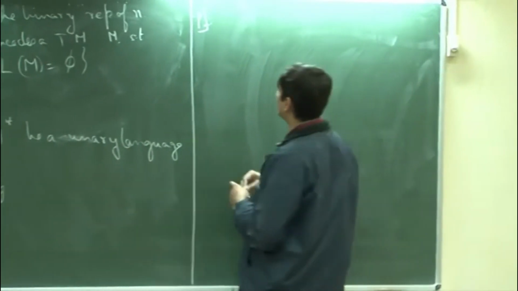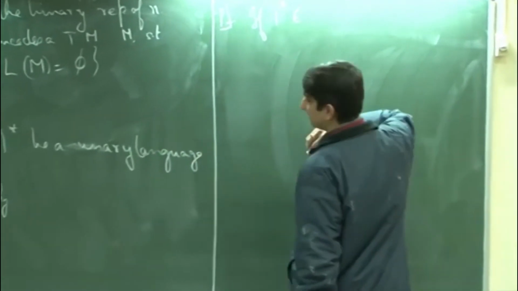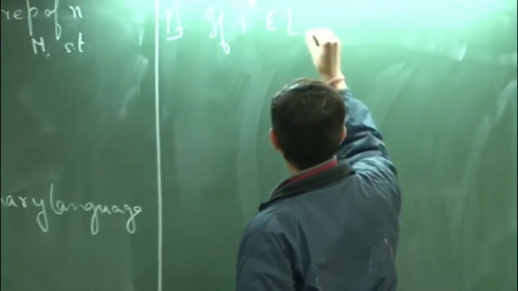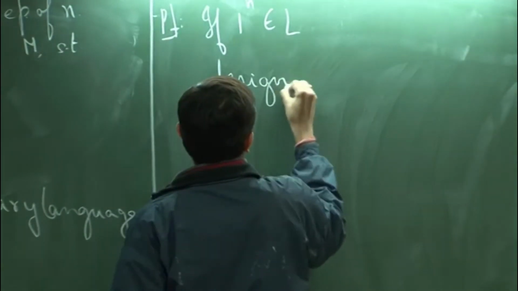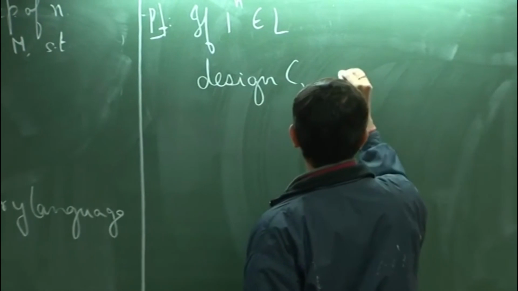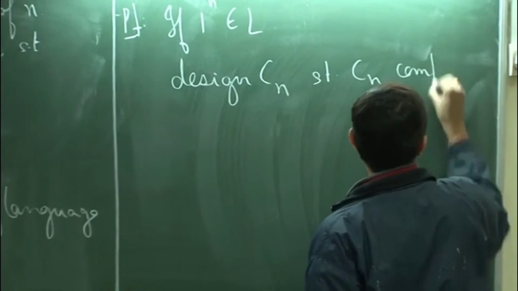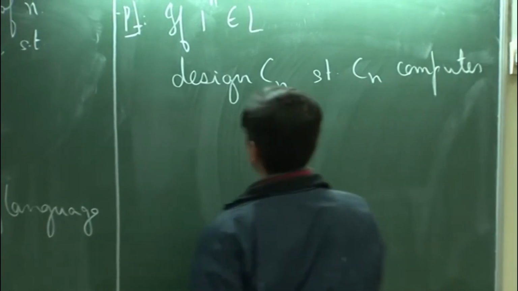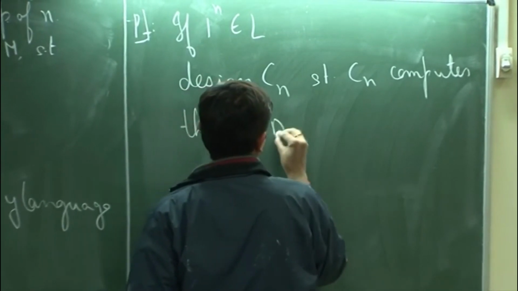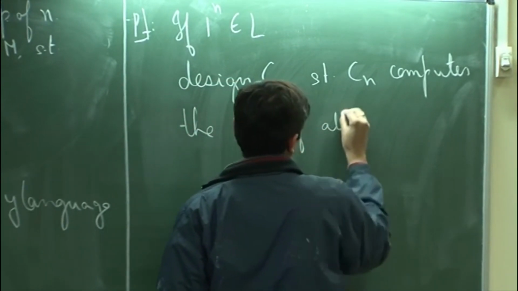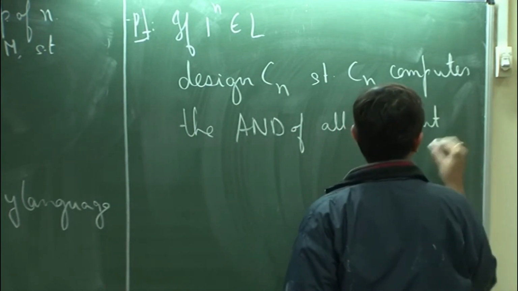So, what I will do is, if 1 to the power n belongs to this language L, then design C of n such that C of n computes the AND of all its input bits.